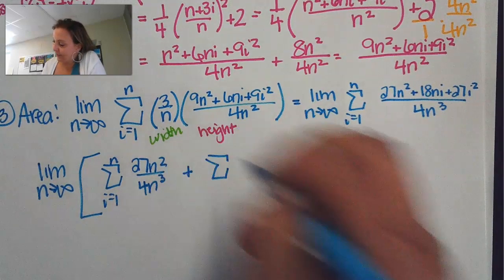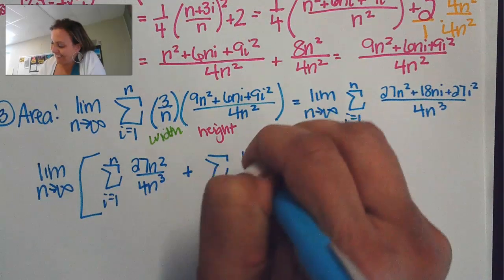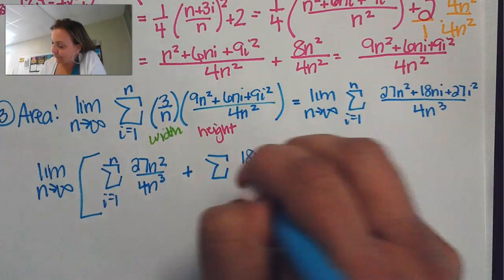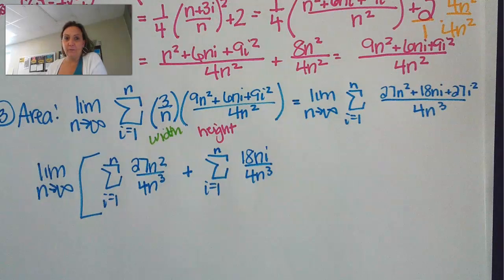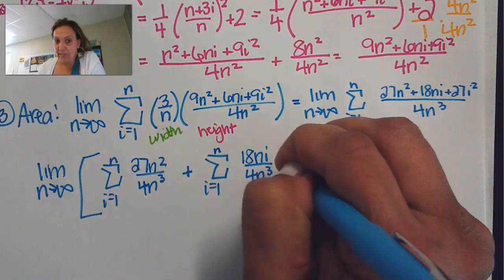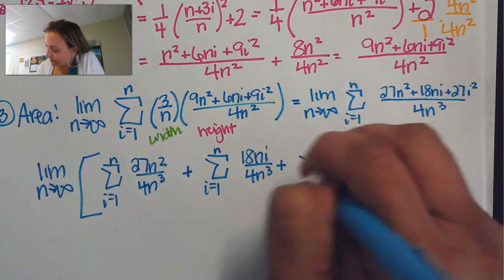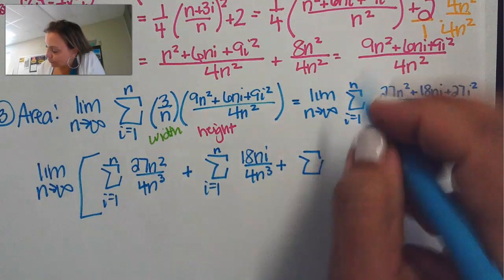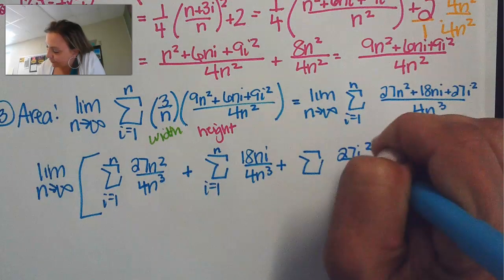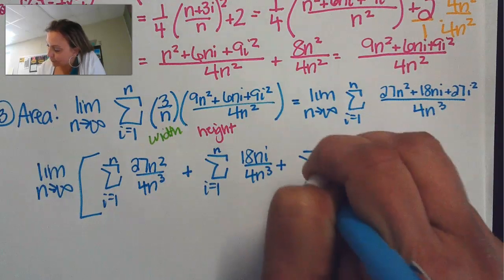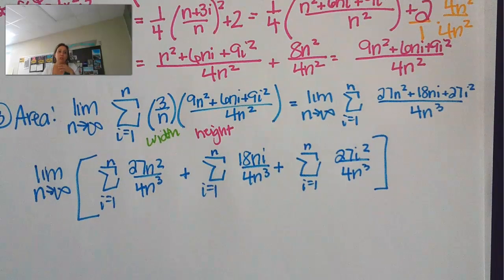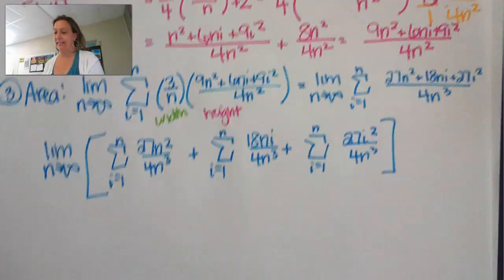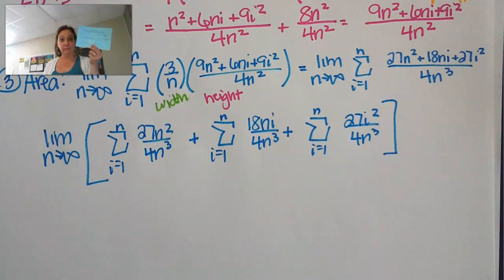Now I'm going to deal with the sum of 18ni over 4n cubed from 1 to n. Now I'm going to deal with the sum of 27i squared over 4n cubed from 1 to n. Okay, so again, just using the properties of limits to separate each term so that I can use our properties.